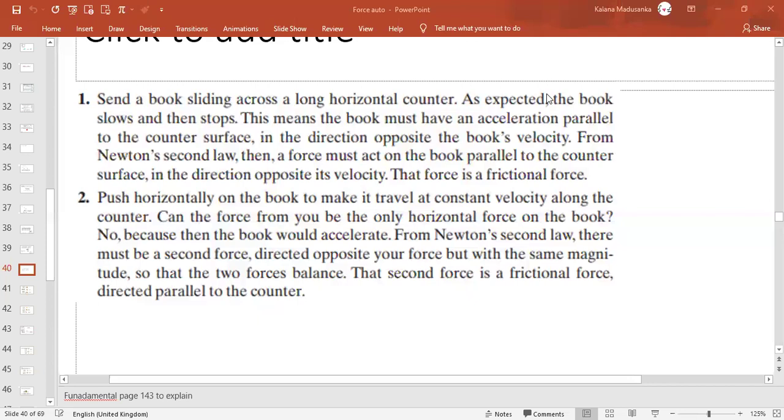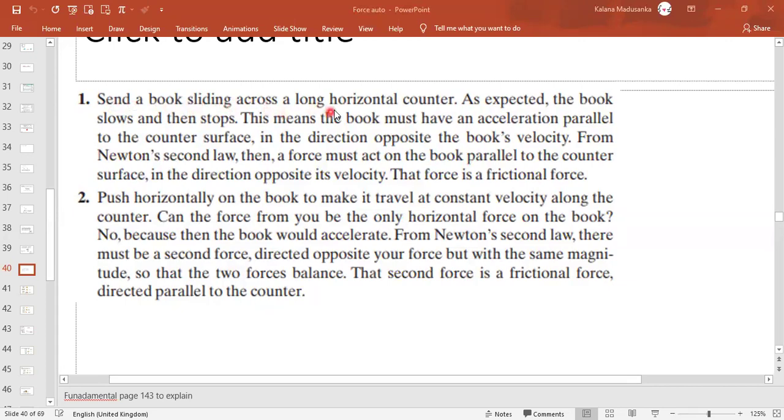So let's imagine this example. This will definitely help you to understand friction if you cannot understand up to this point. Let's say we have a horizontal counter and we are sending a book sliding across a long horizontal counter. As expected, the book slows and then it is going to stop.